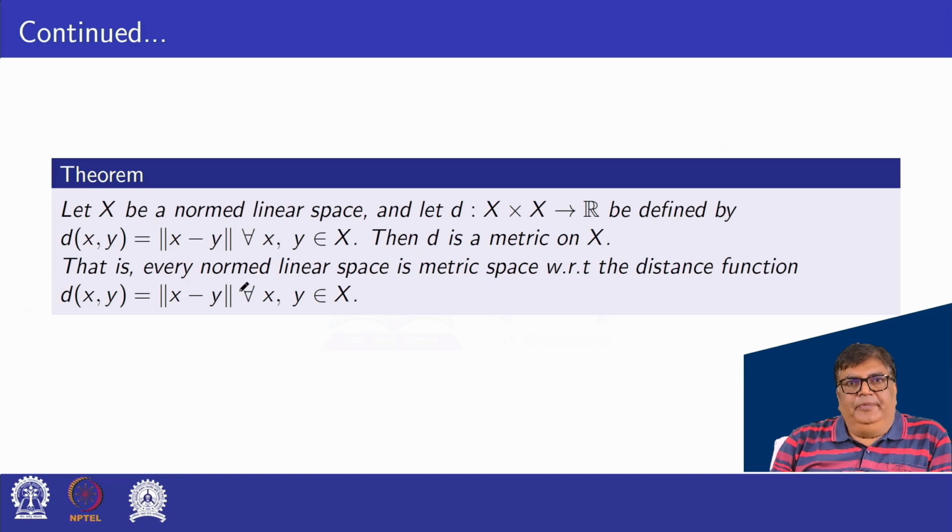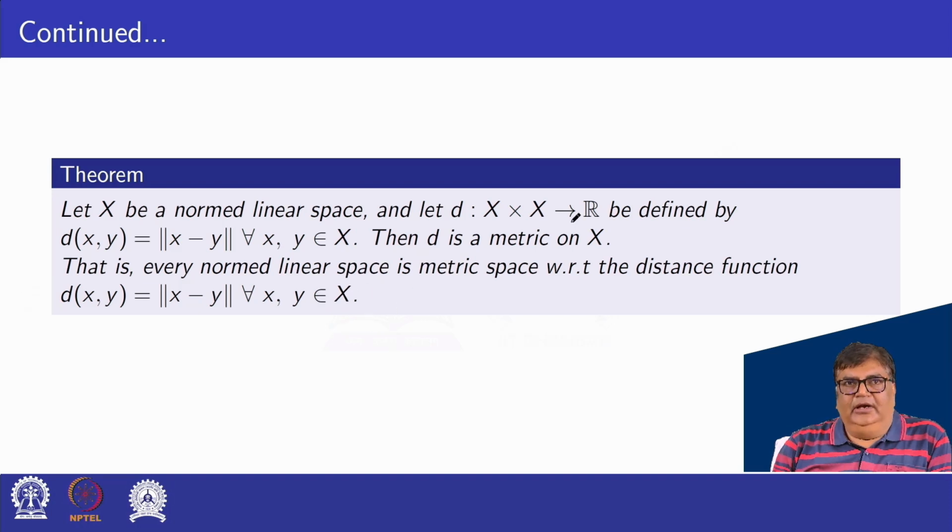Theorem: every normed linear space is a metric space, with respect to the distance function defined by d(x,y) equal to norm x minus y for all x, y belonging to X, where X is a normed linear space, that is, a vector space.